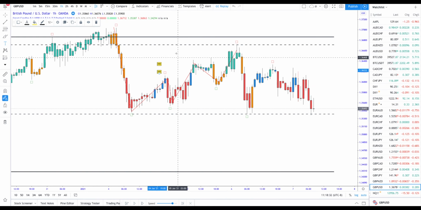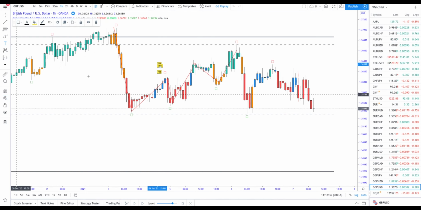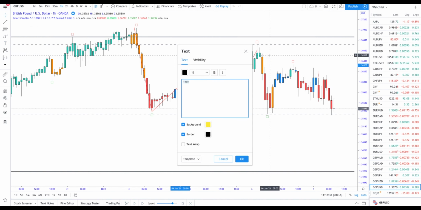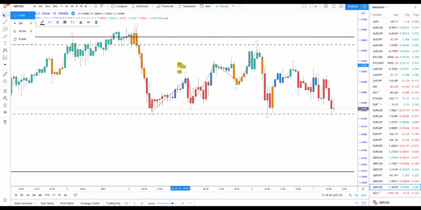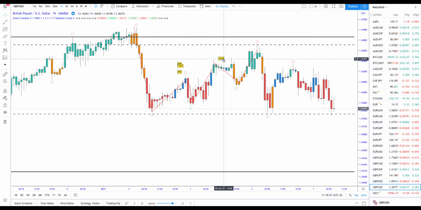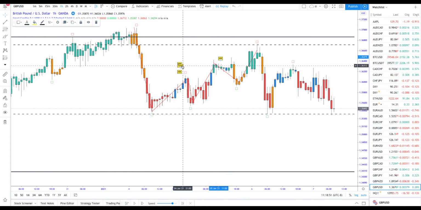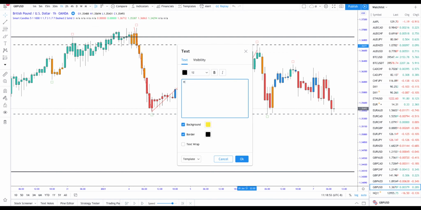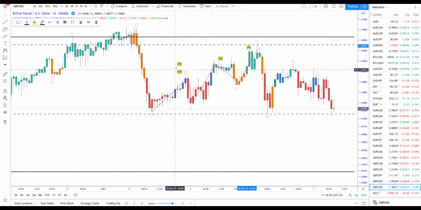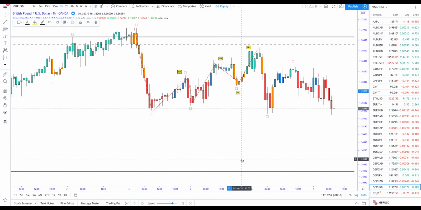We have higher highs. Higher high, higher low, higher low here as well.